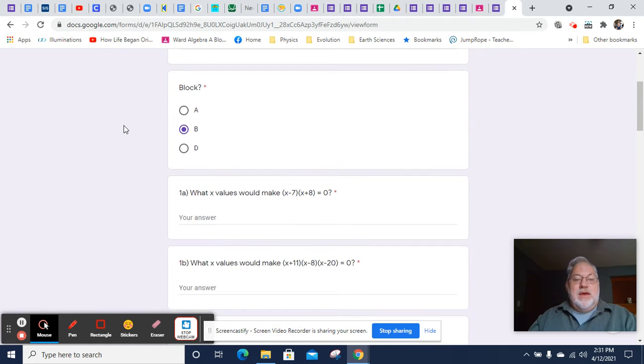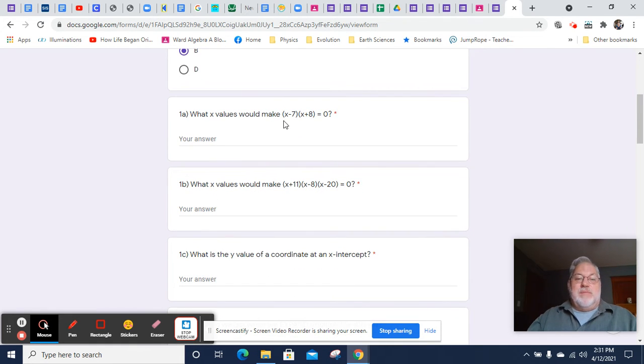So what x values would make x minus 7 times x plus 8 equal to 0? Well, just one of these factors has to equal 0. So if we could find some way to make x minus 7 equal 0, then the whole thing would equal 0. Same thing with x plus 8. Well, the x value that would make x minus 7 equal to 0 would be 7.